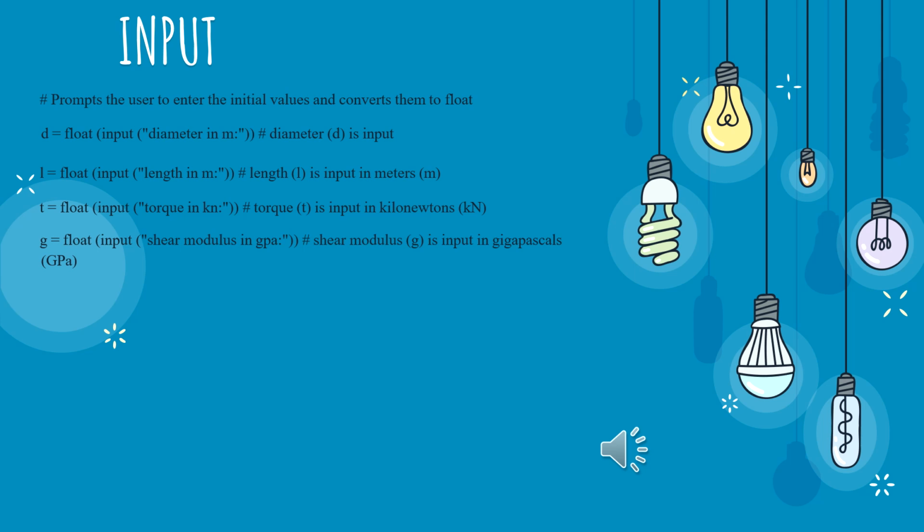Here we have D equals float input diameter in millimeters, L equals float input length in meters, T equals float input torque in kilonewton meters, G equals float input shear modulus in gigapascals.